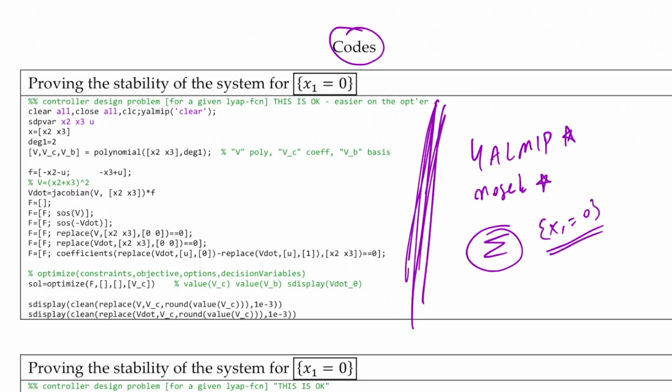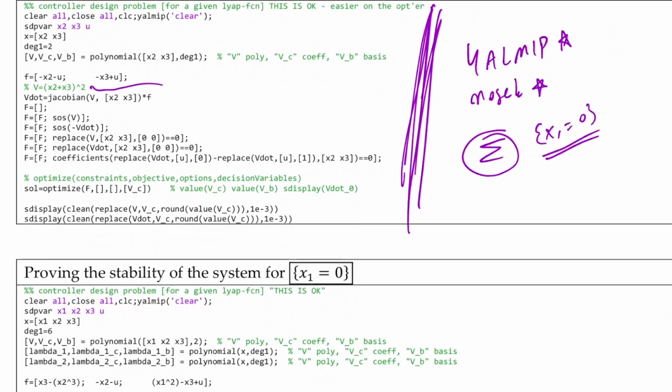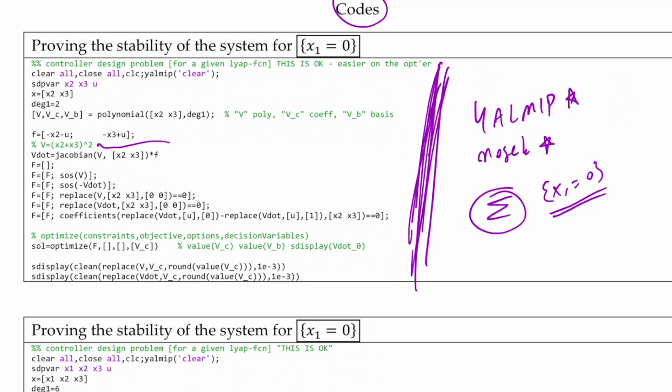And here is the Lyapunov function that we use, right? This code section tries to find a valid Lyapunov function to prove the stability on a given set, basically.